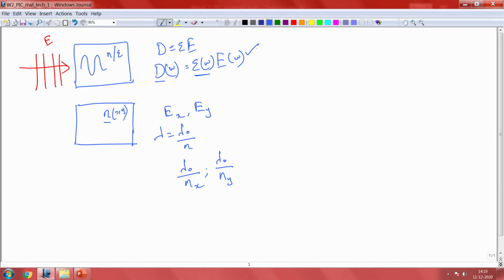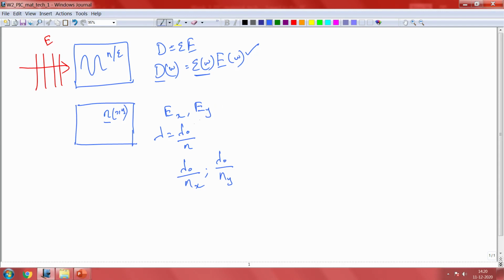In one case, we see the effect of the frequency of the electric field on the displacement field. As the light propagates, you are going to create a polarization very specific to your frequency.